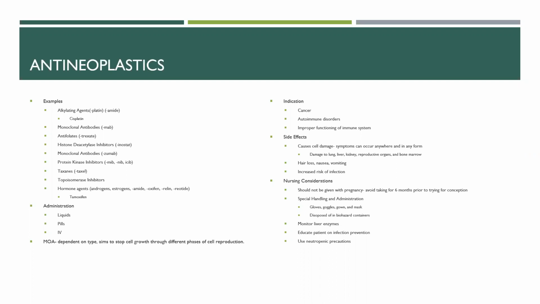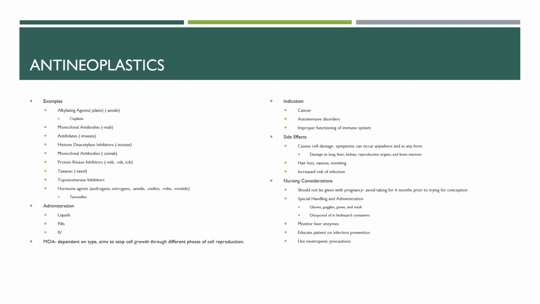So antineoplastics can be in liquid form, pill form, or given IV. And the mechanism of action really depends on the type, but the main purpose of an antineoplastic is to stop cell growth of fast-growing cells like the cancer or immune cells by interfering with different phases of cell reproduction. The indication for antineoplastics is cancer, autoimmune disorders, and any improper functioning of the immune system. Because the purpose of this medication is to stop the growth of cells, it does cause cell death.